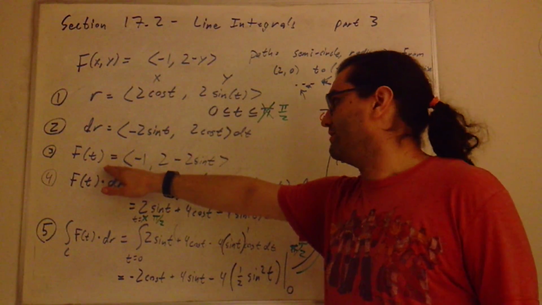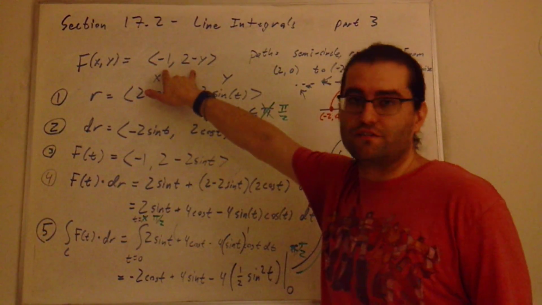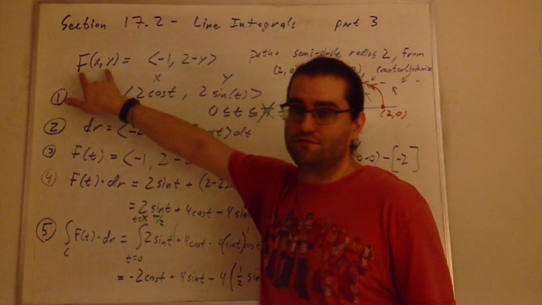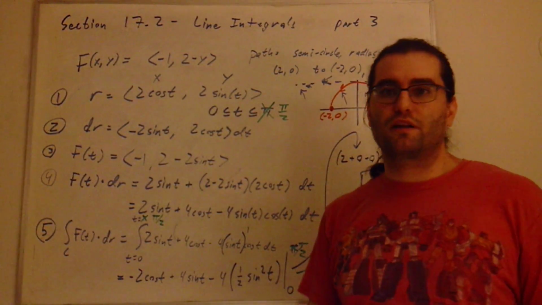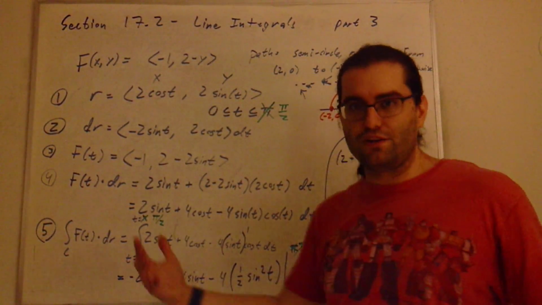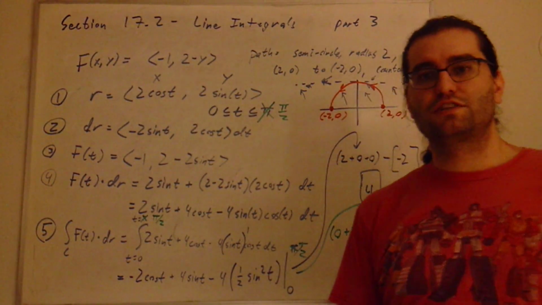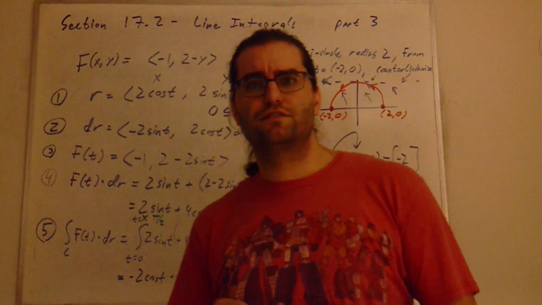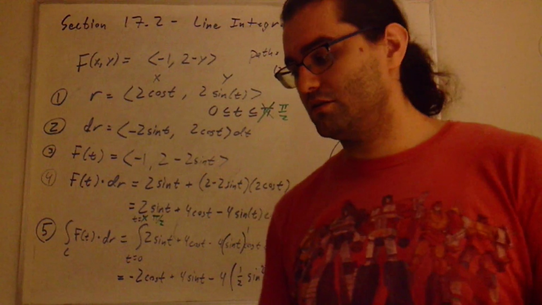Again, effortless. This is your x variable, this is your y variable. Just put them into your vector field, make it a function of t. Take a dot product, you've done dot products. Dot products are the easiest way you can combine 2 vectors, and then you integrate. Seems like a lot, it's not that bad, it's pretty straightforward. Good luck.